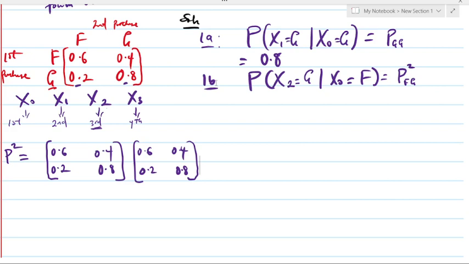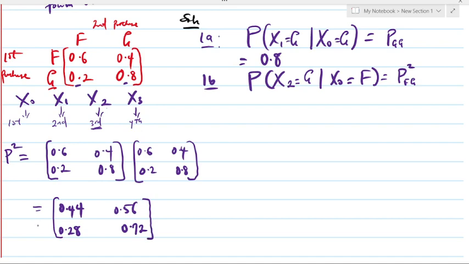If we multiply this matrix, we are going to have 0.44, 0.56, 0.28, and then 0.72.